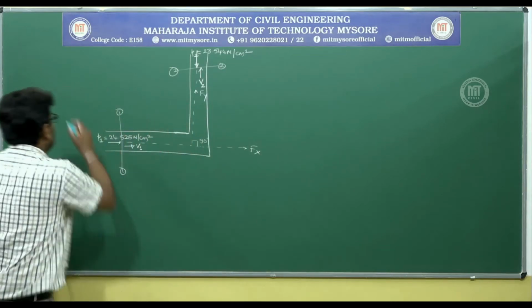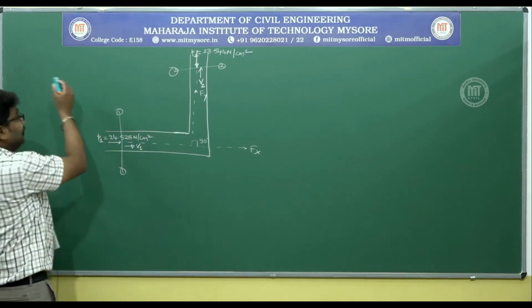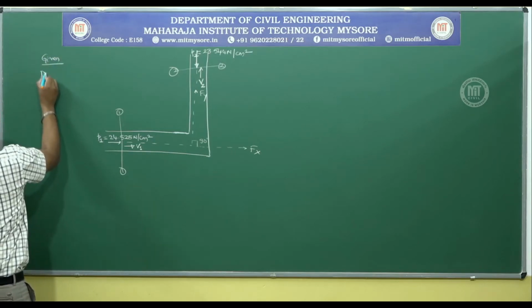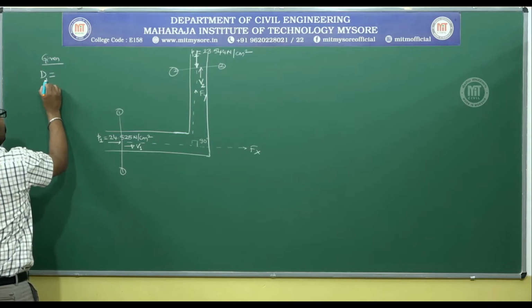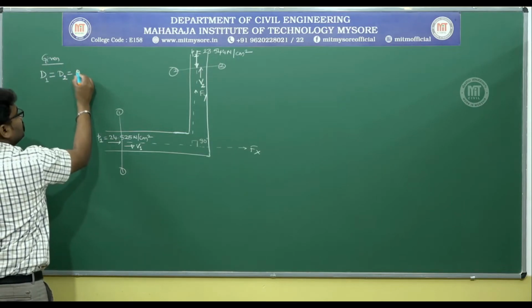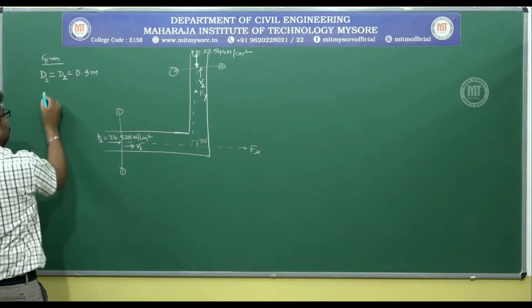So, if you write the data sets given, you have diameter of the pipe, in fact I will write this as D1 is equal to D2 is equal to 0.3 meters.